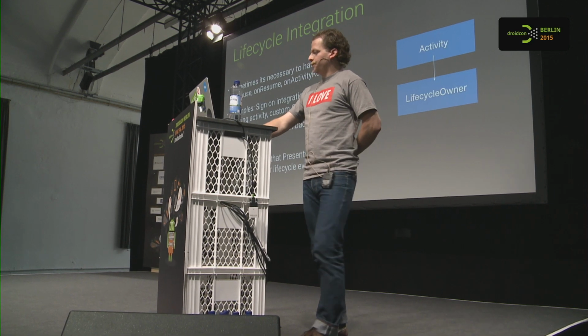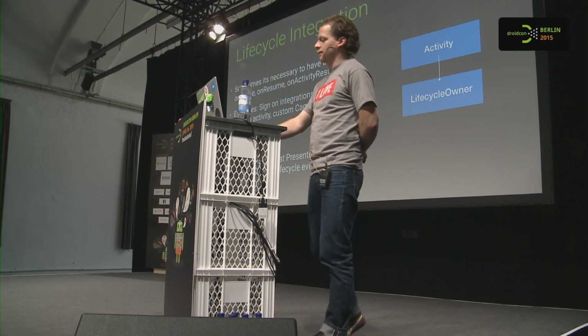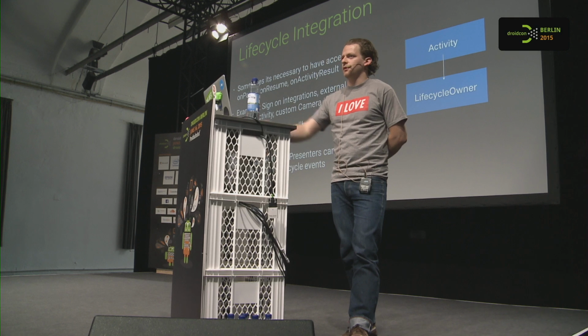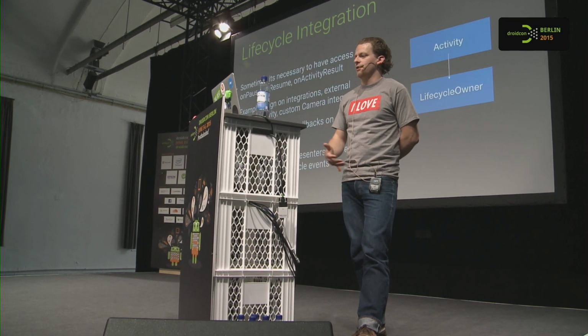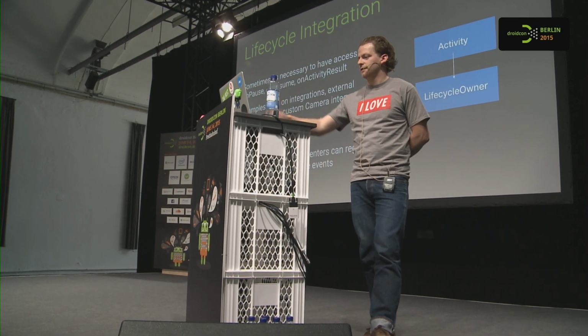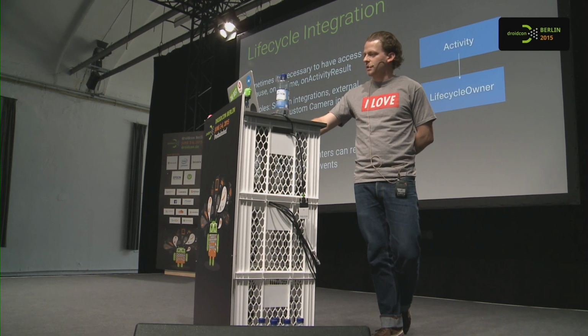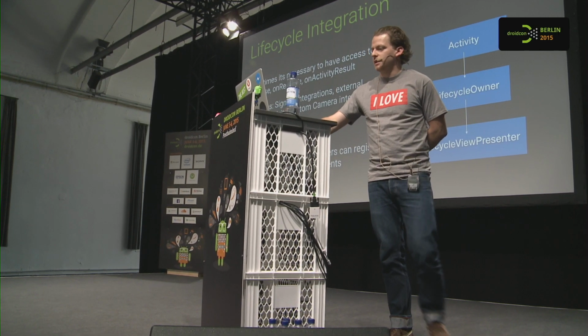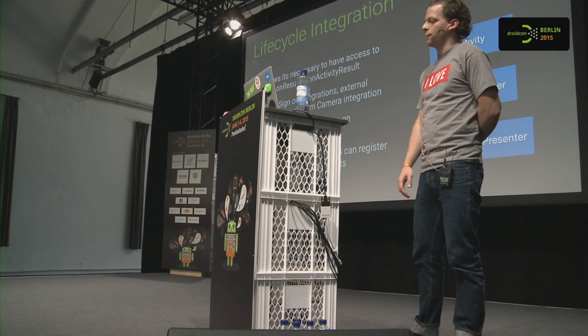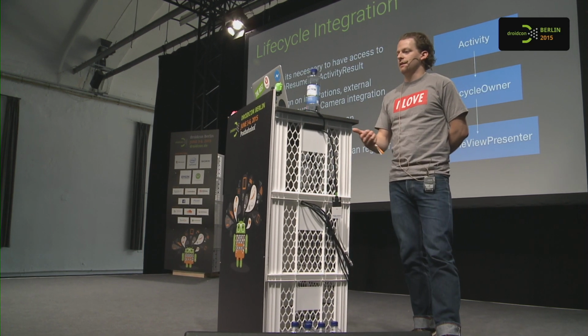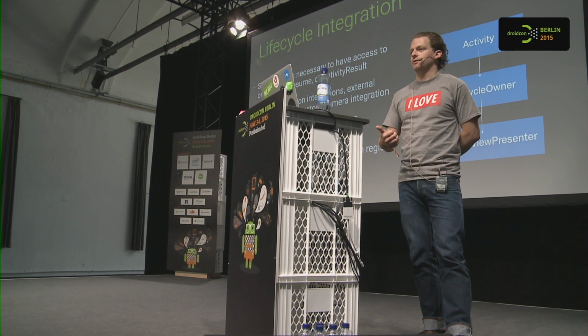So here, the activity has an instance of a lifecycle owner. That lifecycle owner has all the lifecycle methods within the activity you want to call. And then the lifecycle view presenter also has the lifecycle owner, but registers for any callbacks.